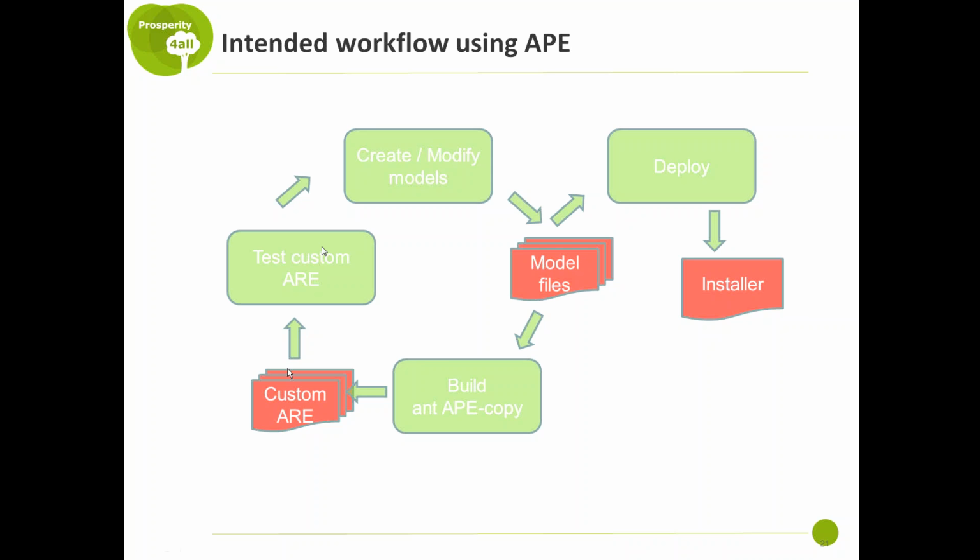This then creates a custom ERE. You can then test the ERE and modify the models again. And as soon as you've found a working solution, you can deploy that solution and create a native installer and native launcher. That's the basic idea behind it.